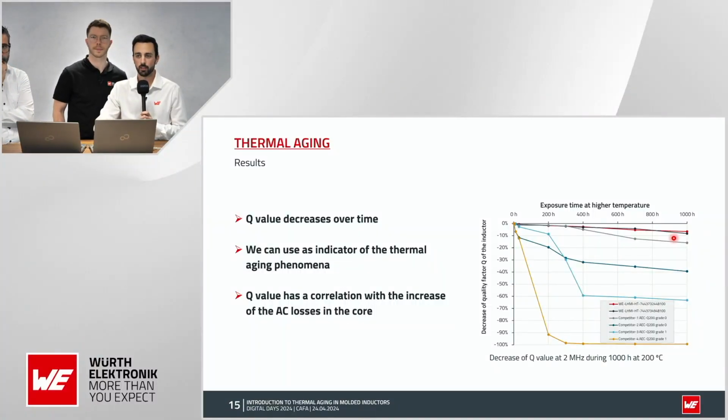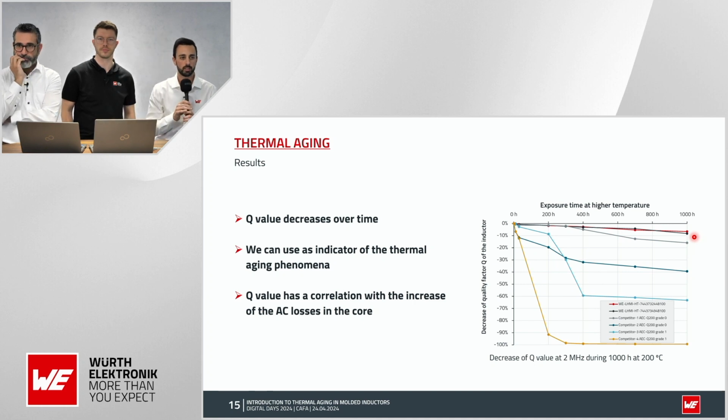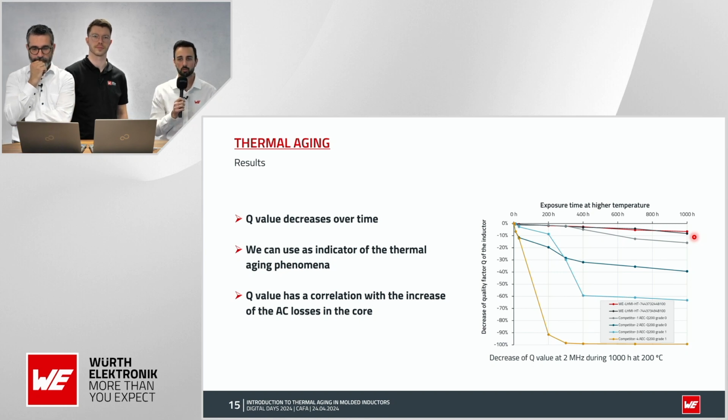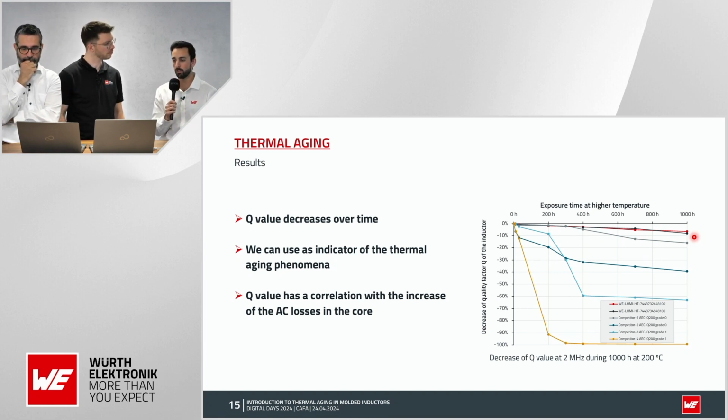Let's go for example to this one. Okay. So as I said before, just as a rule of thumb, we can say that every time we decrease the temperature 10 degrees, this survival time will double.